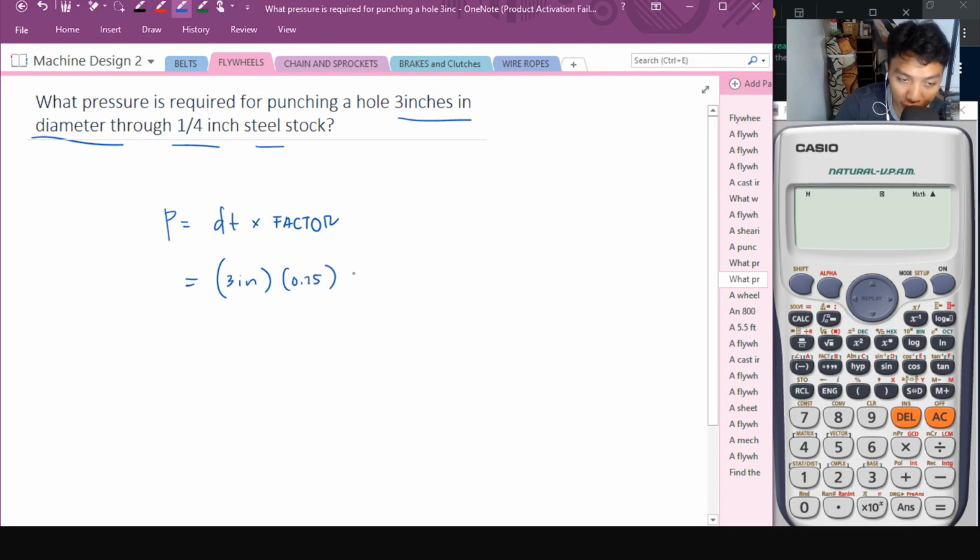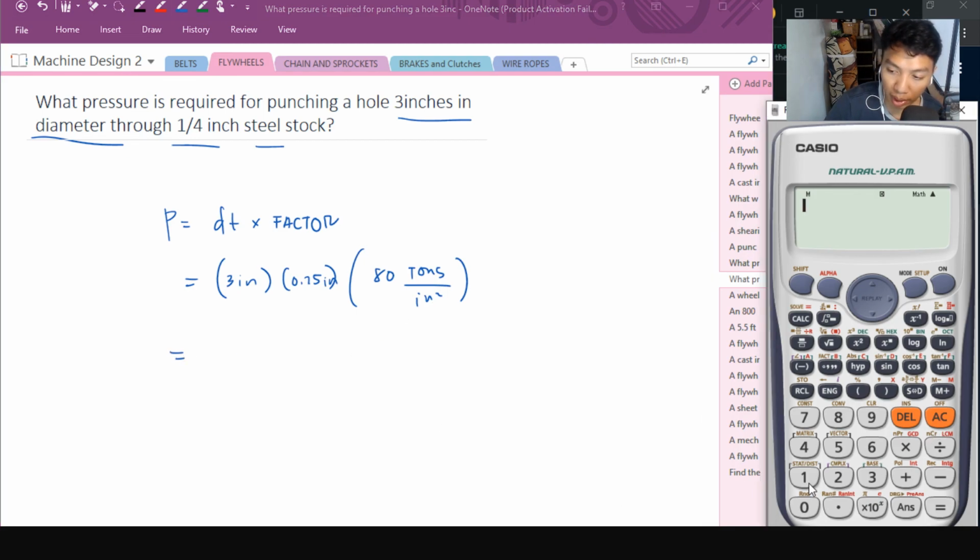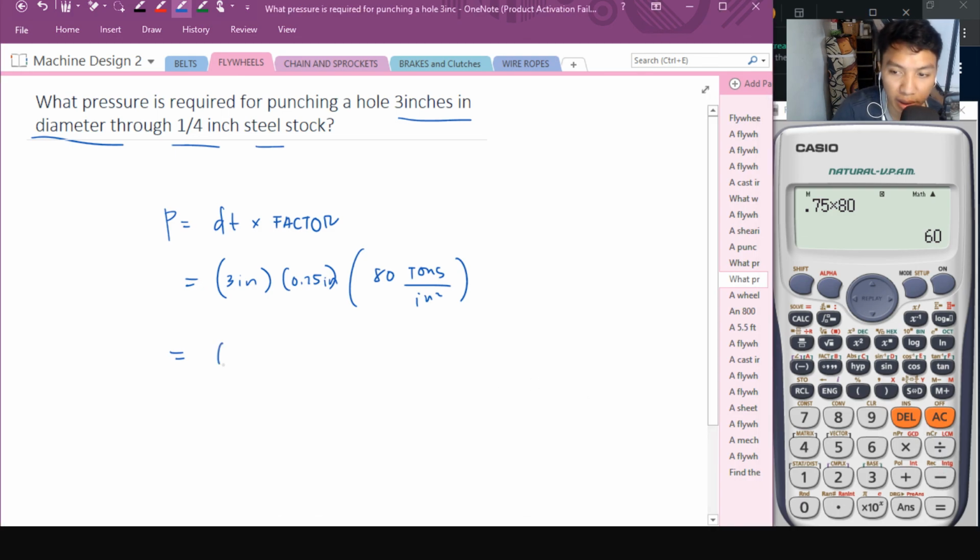Huwag mo na i-divide ng 3. So, steel yan. Ano ba yung sa steel? 65 ang brass, 80 yung sa steel. 80 tons per inch squared. Ito, inch squared naman itong dalawa. O, cancel the unit. Ang lalabas is in tons. 3 times 0.25, bali 0.75 times 80. The answer will be 60 tons. Okay?